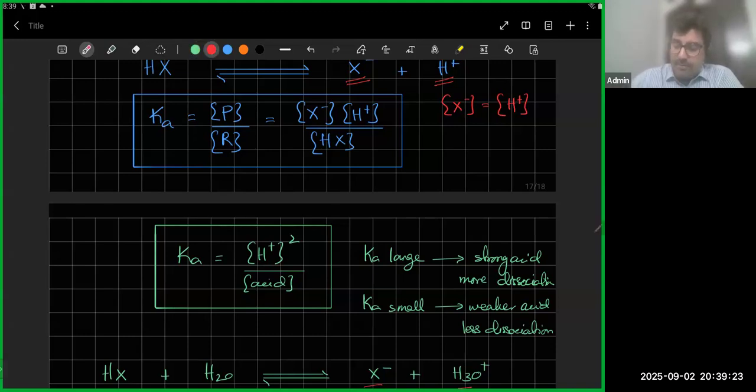And like any equilibrium constant, it only changes with temperature. It actually increases with temperature. So remember, higher temperature would mean more dissociation. The acid is going to dissociate more if you have a higher temperature.